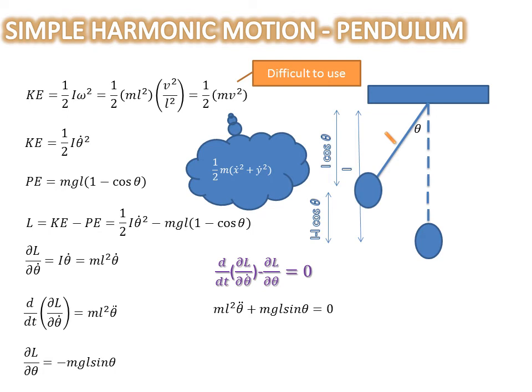For more simplification, I can divide the whole equation by m l squared to get theta double dot plus g over l sine theta equals 0.